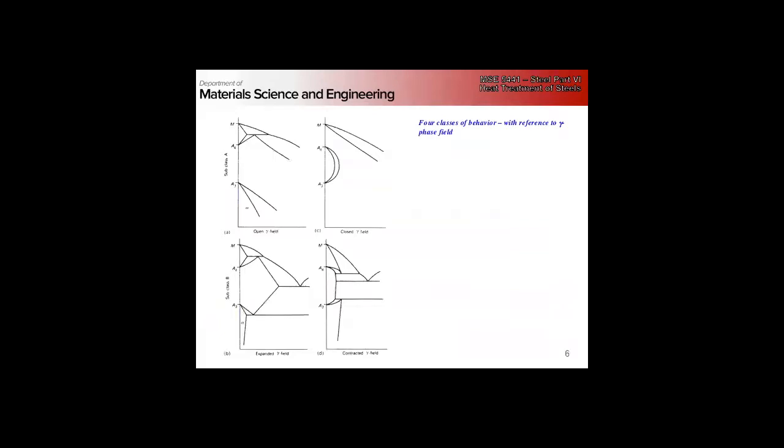So the first is this open field, right? Basically, our austenite region extends all the way down to room temperature, and so steels with large amounts of these alloying elements, nickel, large amounts of manganese, you can have significant amounts of retained austenite, so these are good for developing austenitic steels, right?